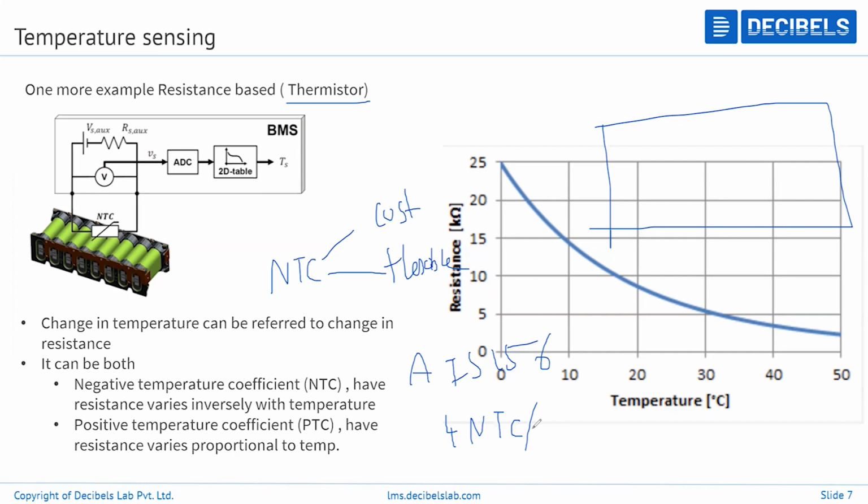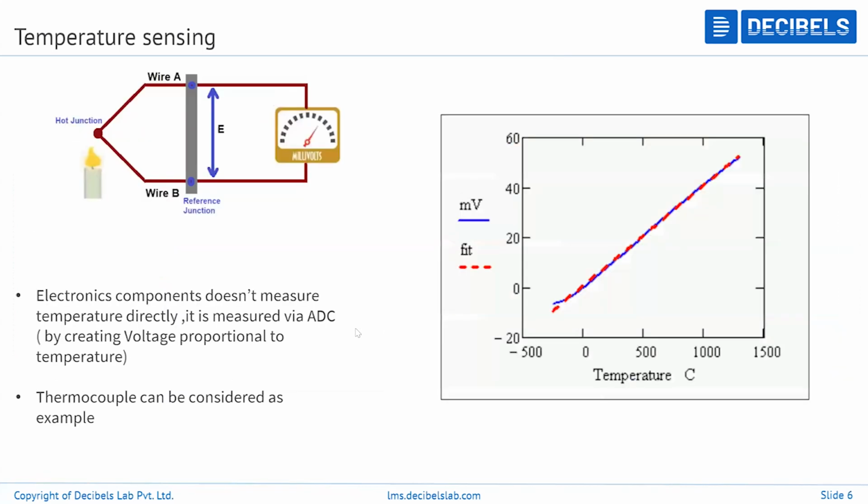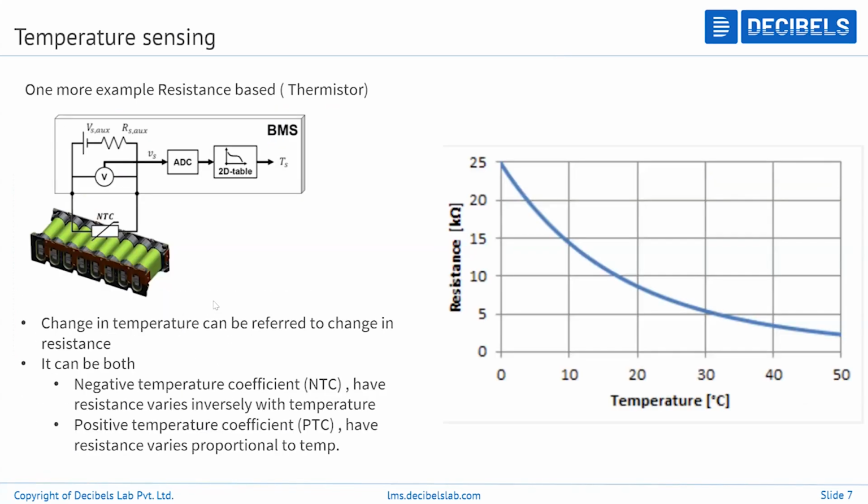Either we make an average of it, or take the max of 4 or the min of 4. Based on that we'll plan it. Right now we need to place 4 NTC as per the AIS 156 standard. The working principle, for either the thermocouple or the thermistor, you can just check on Google.